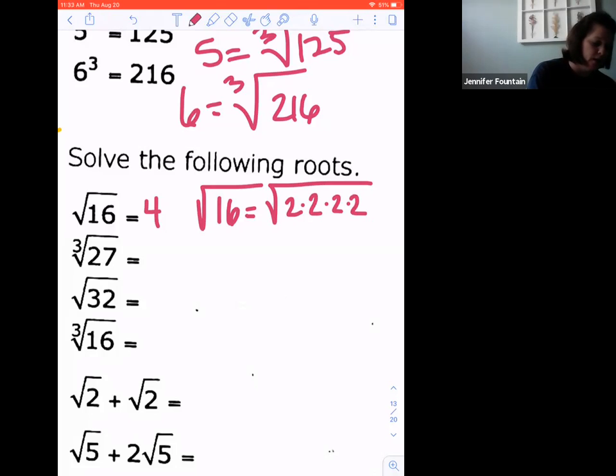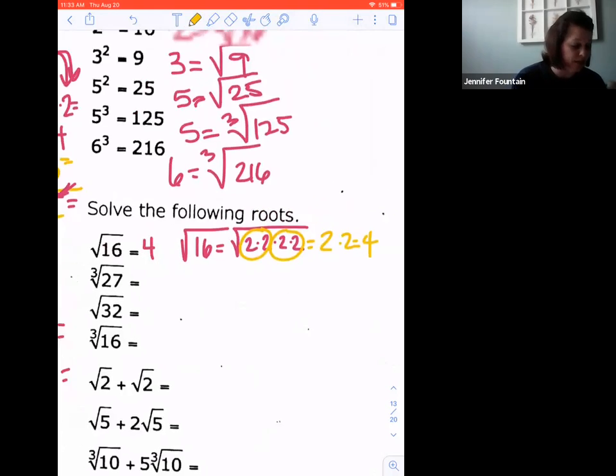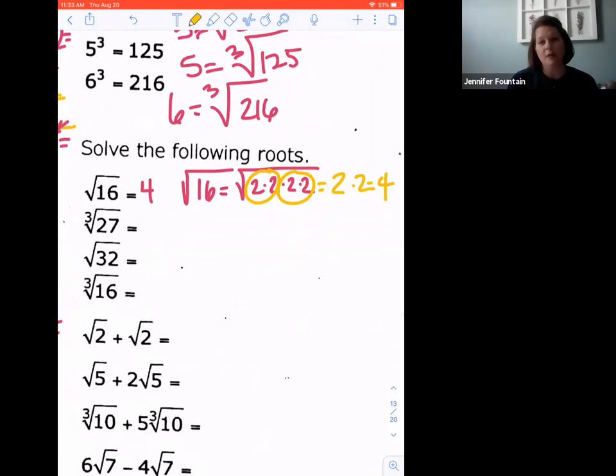Okay? I've got buddies here, buddies here. That comes out as 2 times 2, which is 4. I can either break it down, or if I already know that the square root of 16 is 4, then I've got my answer immediately.